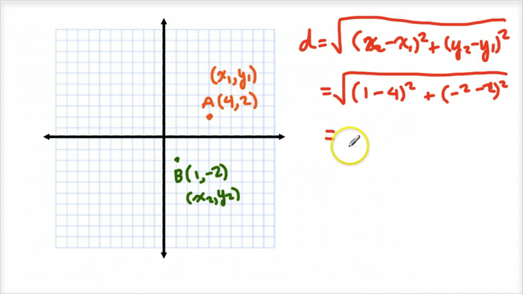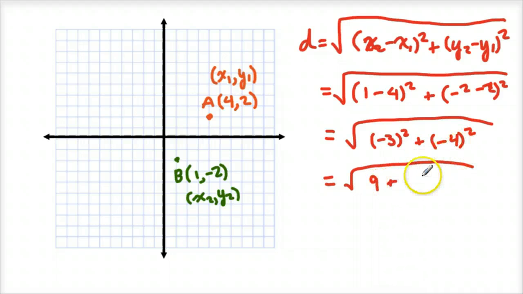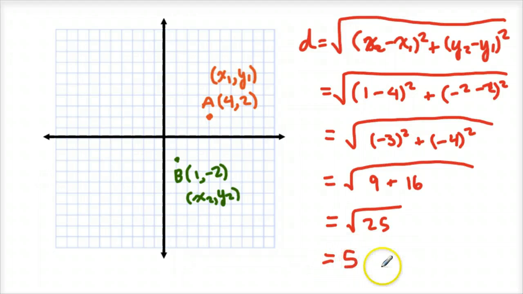And so now I have the square root of 1 minus 4, that's negative 3 squared, plus negative 2 minus 2 is negative 4 squared. So now I have negative 3 squared, which is 9, plus negative 4 squared, which is 16. And 9 plus 16 is 25. So the distance between A and B, or the distance of that line, is the square root of 25, which happens to be 5. That's nice.